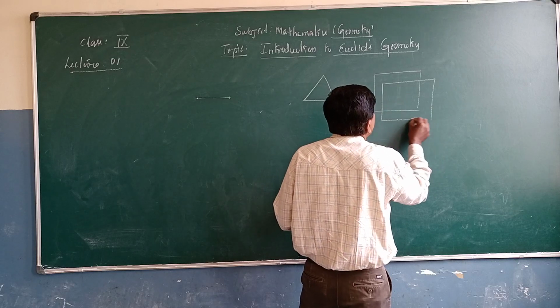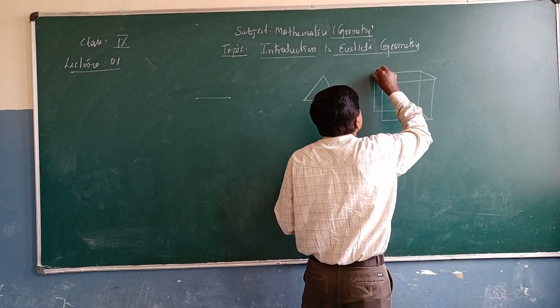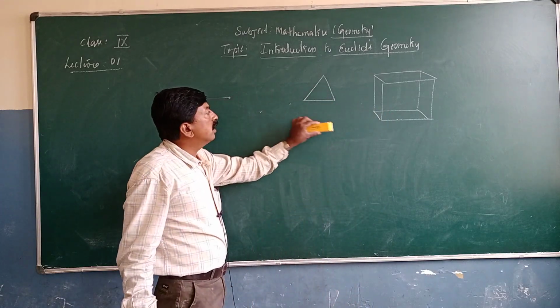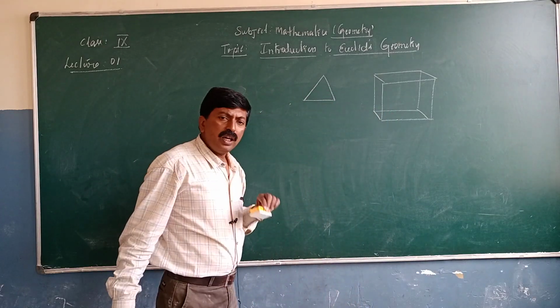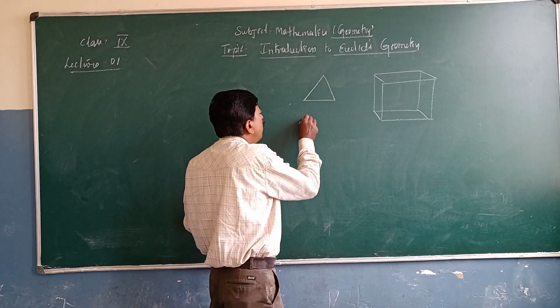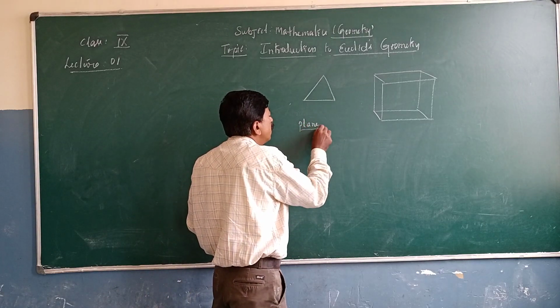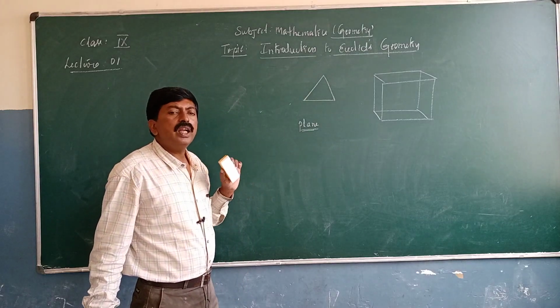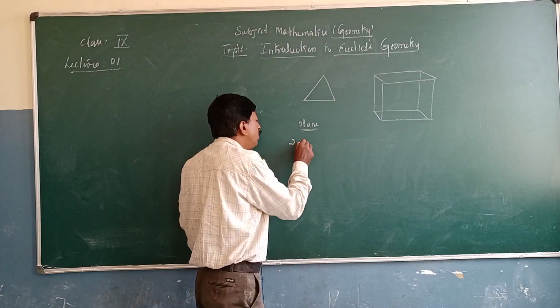These are also geometrical figures. A plane figure such as a triangle we can call a plane figure. This triangle has two dimensions.